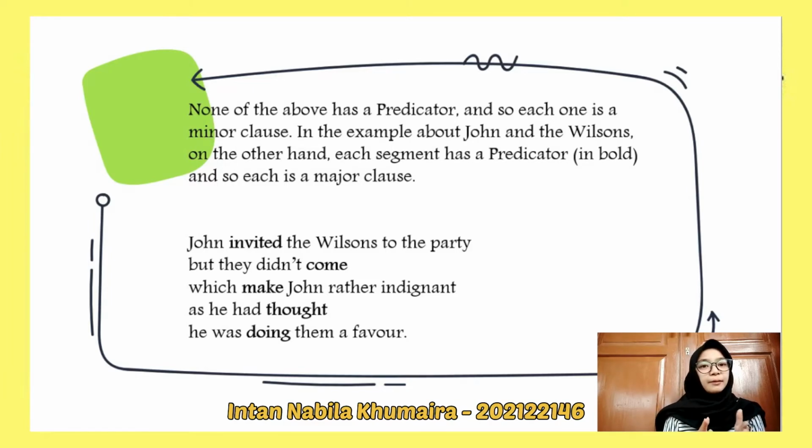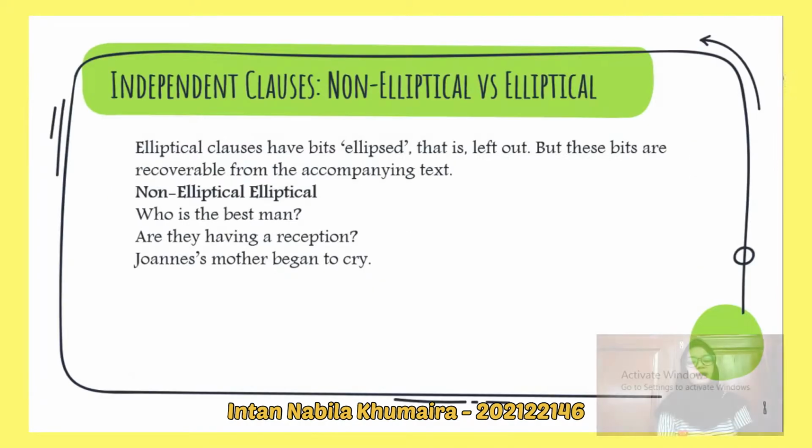In the example about John and the Wilsons, on the other hand, each segment has a predicator in bold, and so each is a major clause. John invited the Wilsons to the party, but they didn't come, which made John rather indignant, as he had thought he was doing them a favor.